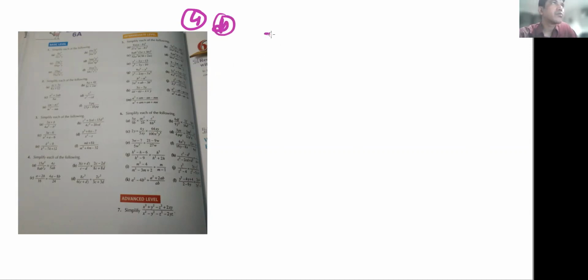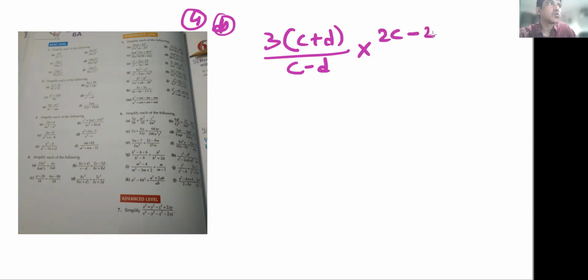What is it? 3 into C plus D, divided by C minus D into 2C minus 2D, divided by 8C plus 8D.